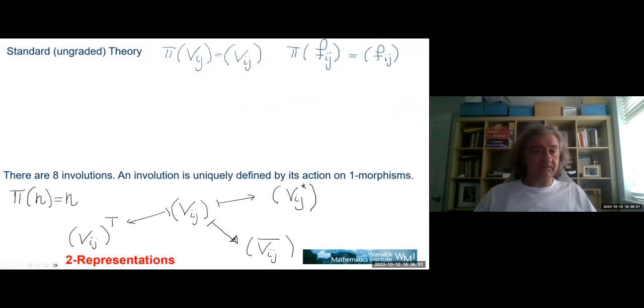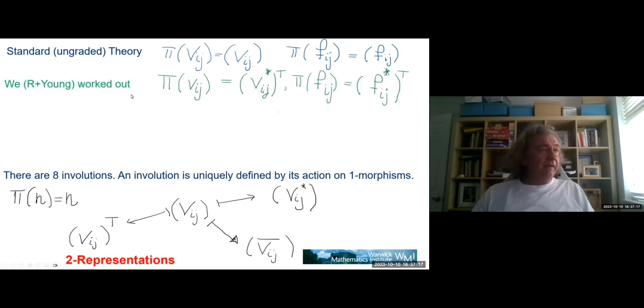For example, this will be the standard ungraded theory. Nothing happens. I think it might have been done by others; these are just 2-representations of 2-groups, not graded. The one which we worked out with Matt Young is this involution, which uses transposition and duality.